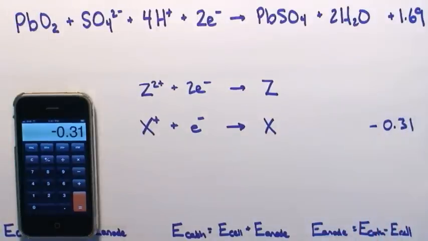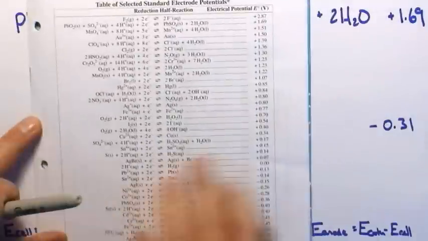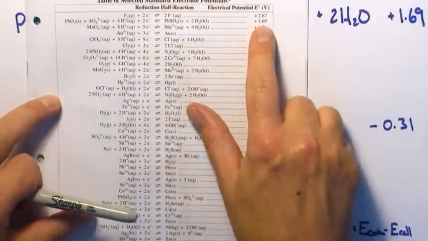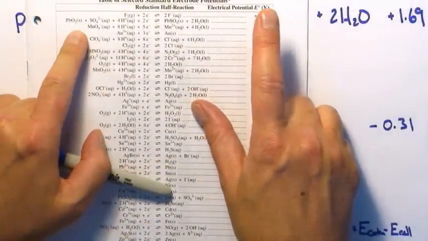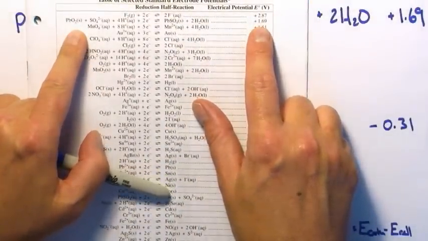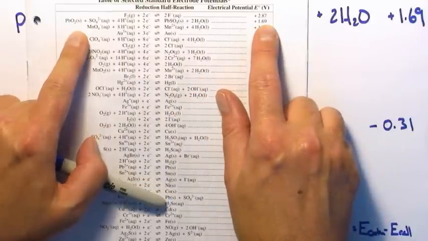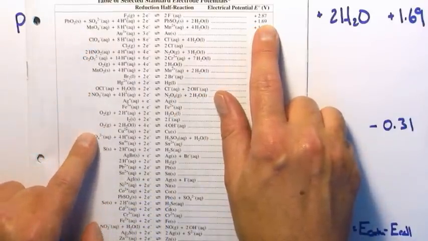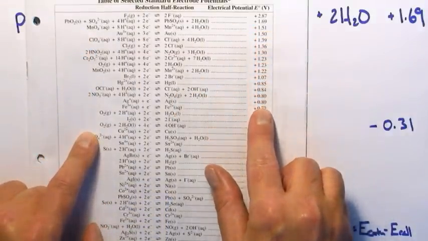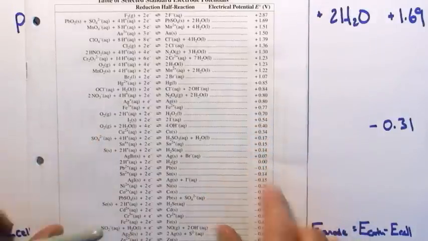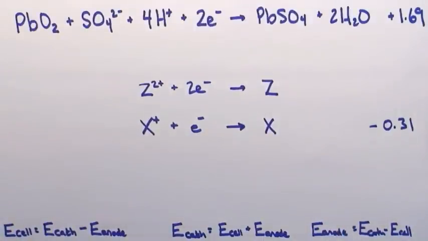Just to remind you, when you look at your data book, the strongest oxidizing agents have the largest electrical potentials for their half reactions, and as you go down the page, to weaker oxidizing agents, you also get a decrease in the electrical potentials. And that's what we want to do here, create a table of reduction half reactions, and we want to see our numbers starting to go down.